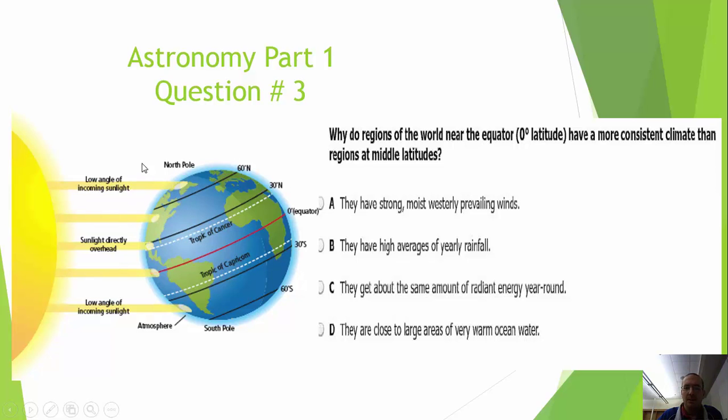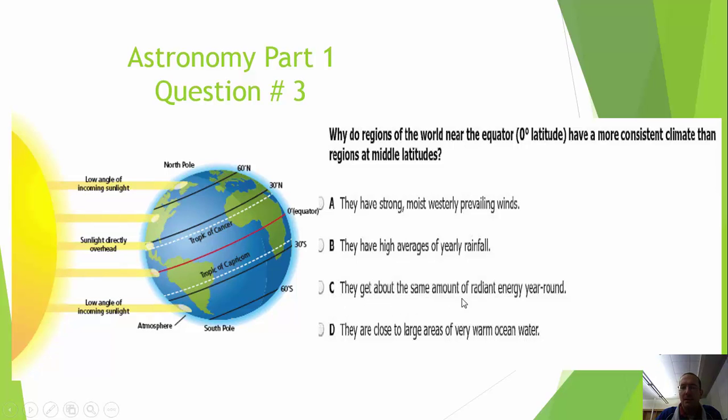So the question here is essentially asking, why is this area in the center of our Earth around the equator more consistent? A lot of these answers over here really have nothing to do with this question. They have strong, moist, westerly prevailing winds. It doesn't really have anything to do with what we're talking about at the current moment. They have high averages of yearly rainfall. That really wouldn't do anything to keep this consistent.